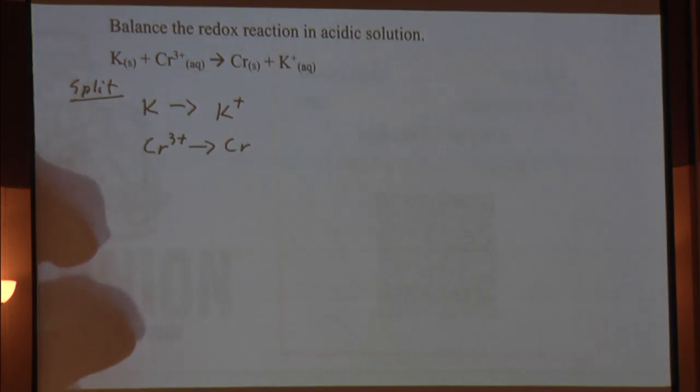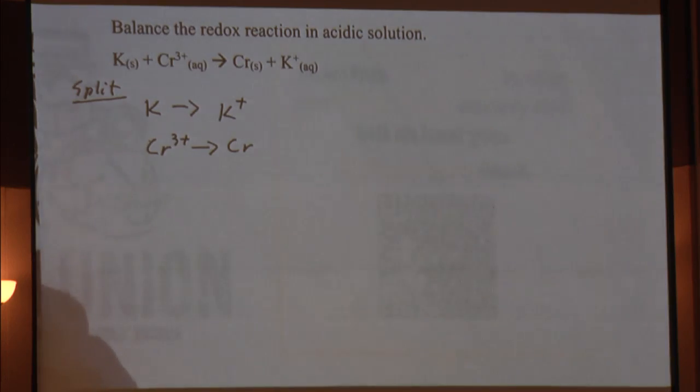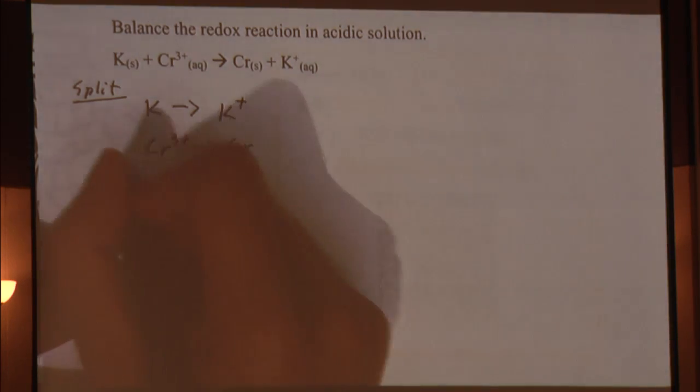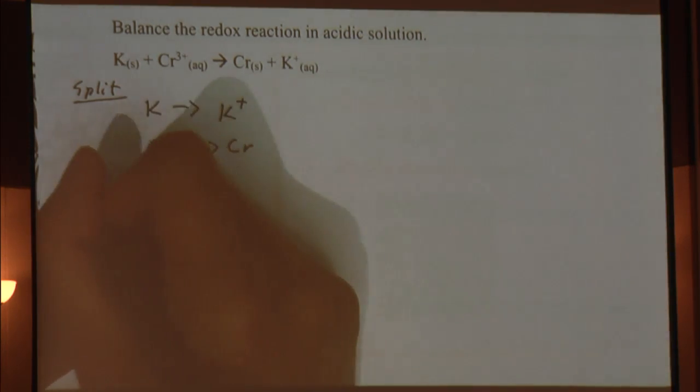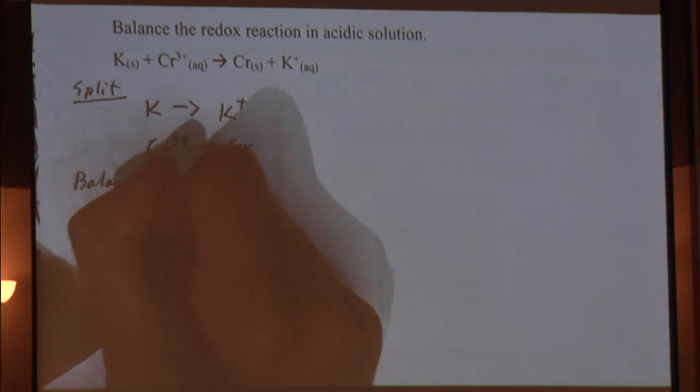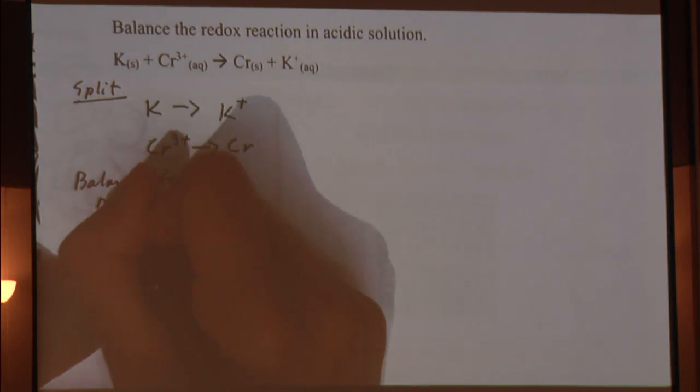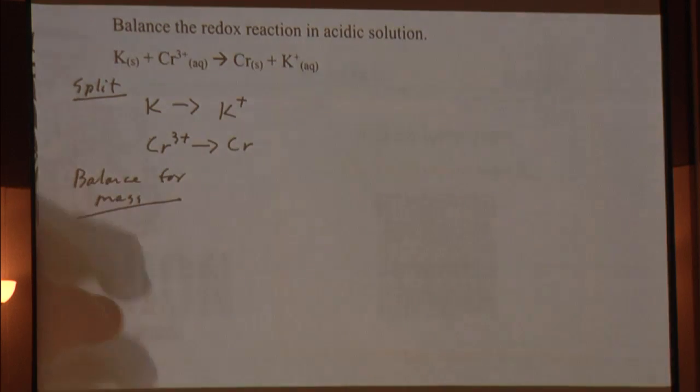So here are our two half reactions. Then we need to balance for mass. Here we see that our masses are already balanced. There's nothing that we need to add, so our equations remain as is.